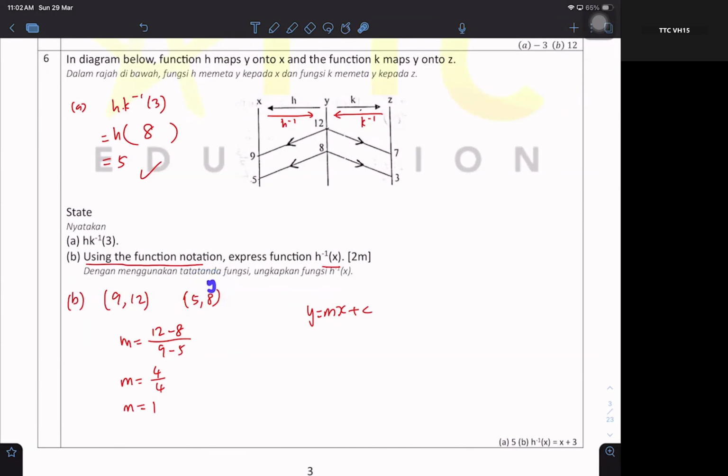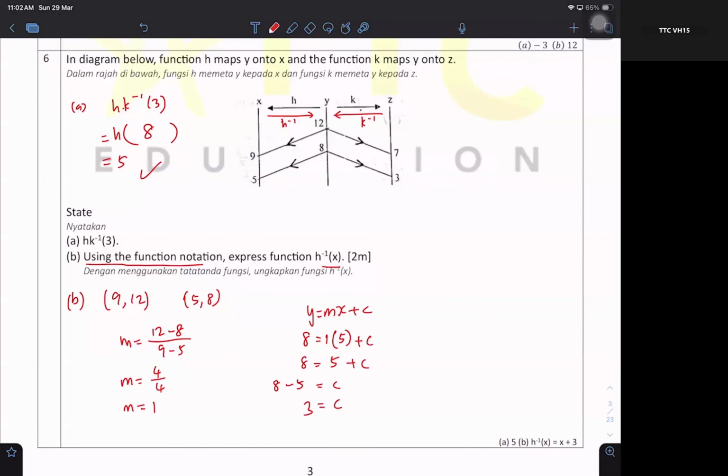You see the y is 8, the x is 5, right? The y is 8, the m is 1, the x is 5. Then you find out the c. 1 times 5 is 5. 5 bring over, 8 minus 5 is 3.